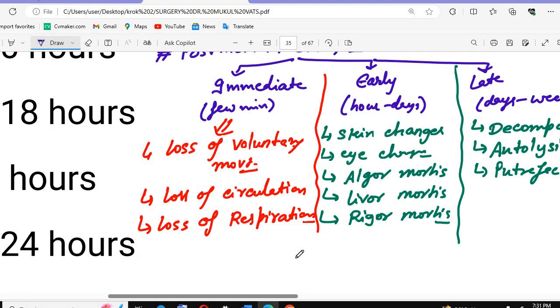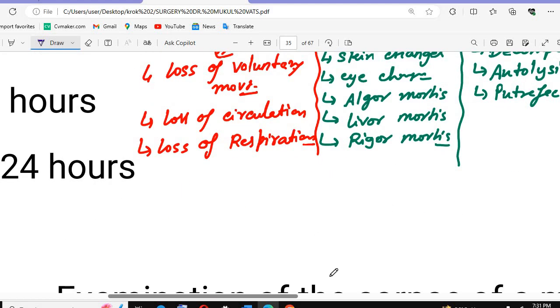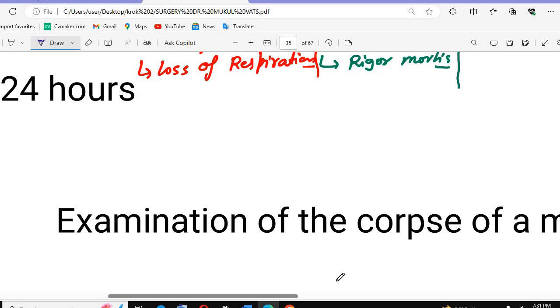What will happen in skin changes? In skin changes there will be loss of elasticity. What will happen in eye changes? The person will have changes in the retinal vessels, sclera, eye. Sometimes we will see bluish discoloration. These are the changes we know already.